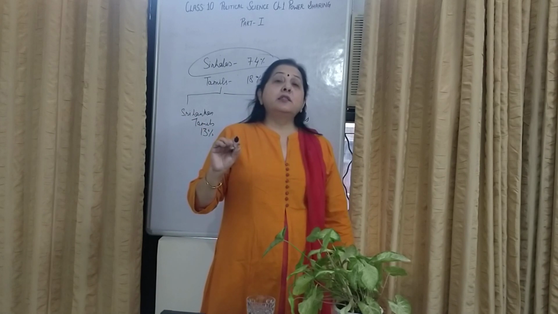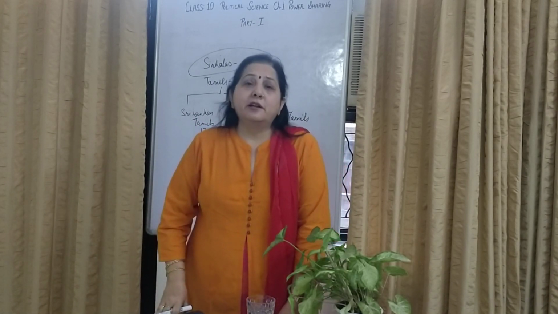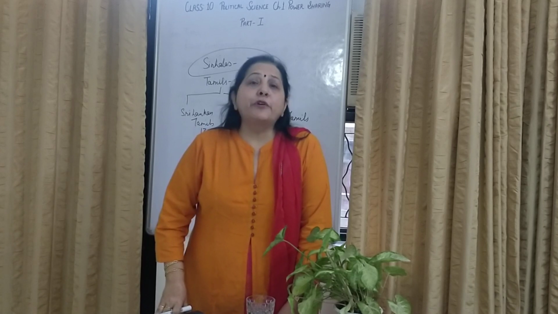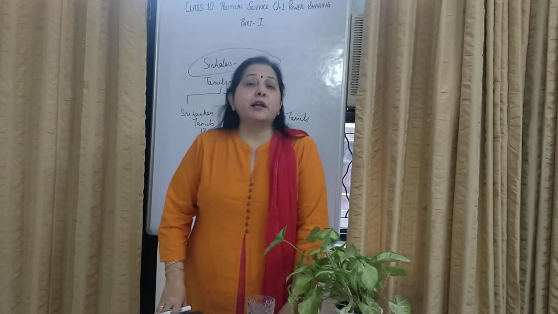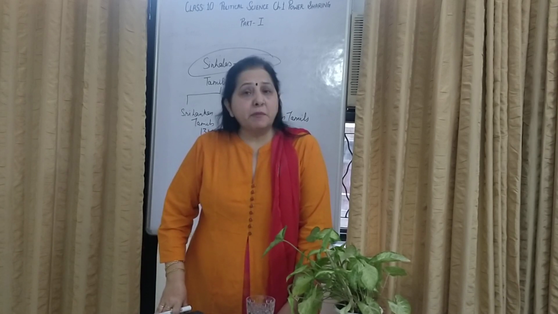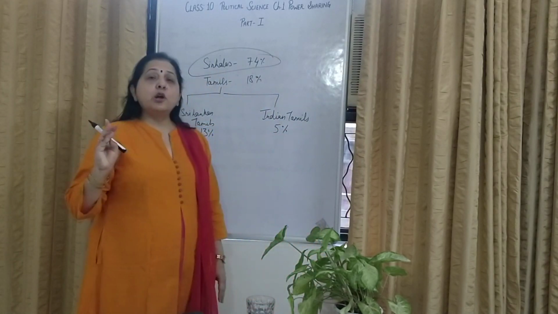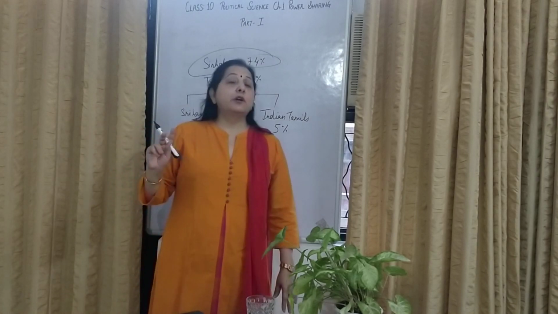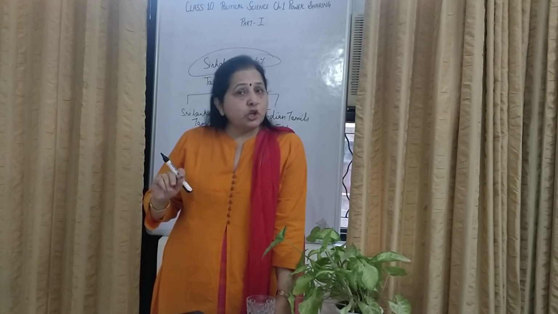When Sri Lankan Tamils felt that they were alienated, they started to form political organizations. They made their political parties. They demanded many things. Number one, regional autonomy in the country. Number two, equal rights in education. Number three, equal rights in government jobs.